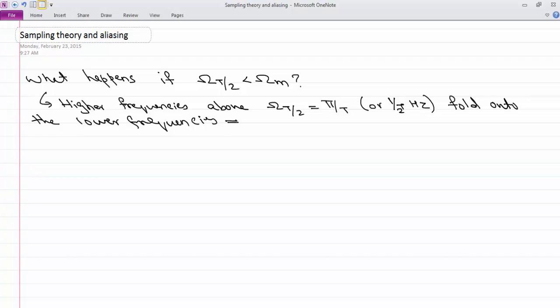This is an operation that is called aliasing. Higher frequencies take the position of lower frequencies.